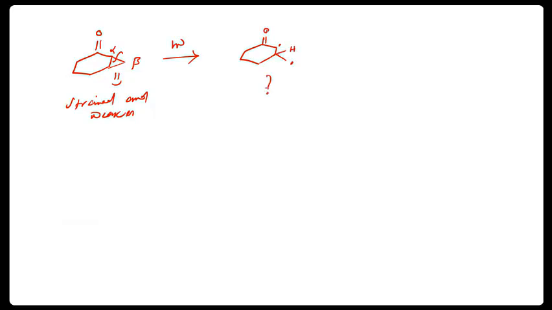Then the question: what is the fate of this intermediate? Look, 1, 2, 3. It's also a 1,3 biradical. Now, if this hydrogen atom migrates to the center, then what will happen?